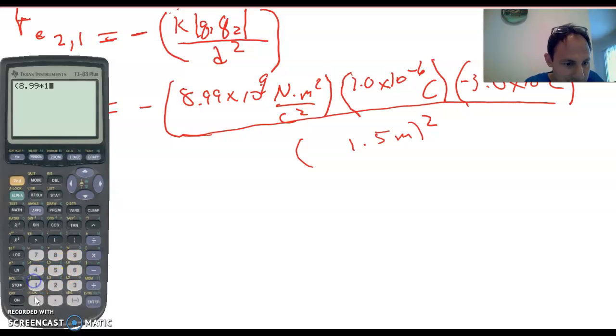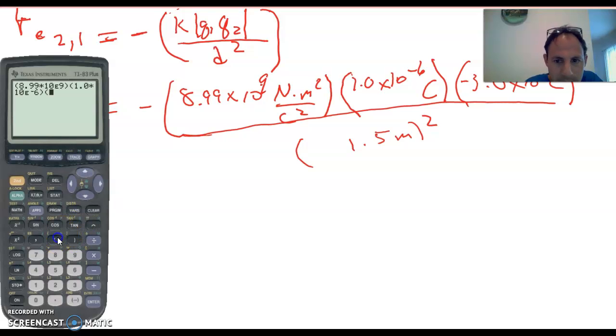Times 10, and then I'm going to use the double E function for exponent. Times 10 to the ninth. We'll close the parentheses, and then we'll open up another parentheses. 1.0 times 10, second function, double E minus 6.